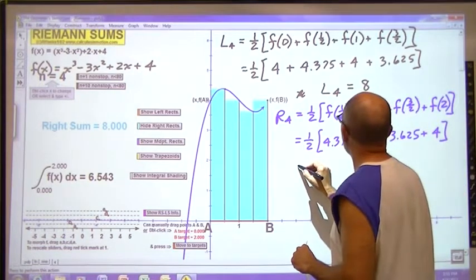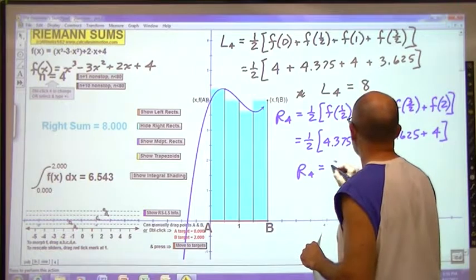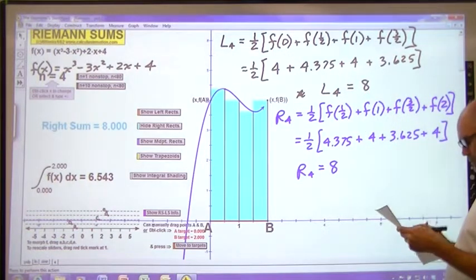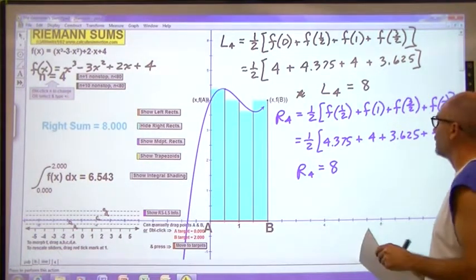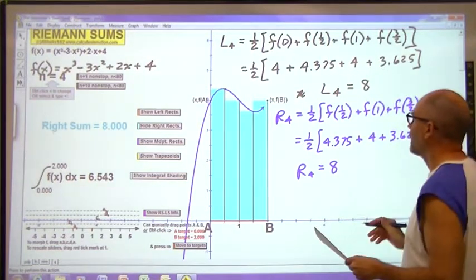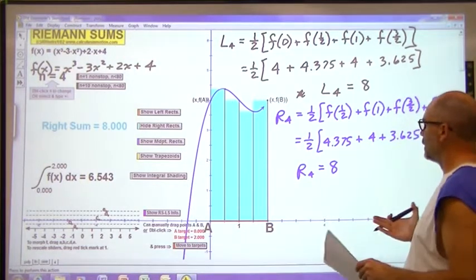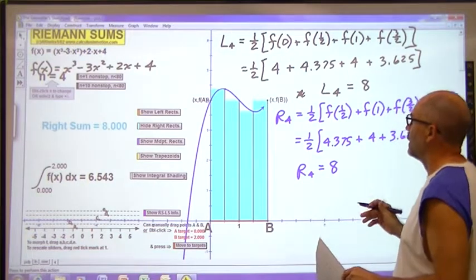So R sub 4 equals 8 once again. Wait a minute. Oh yeah, 8, because it's 16 times 1/2. Okay, that's good. All right, now, the third type of area approximation that we're doing is the midpoint approximation.